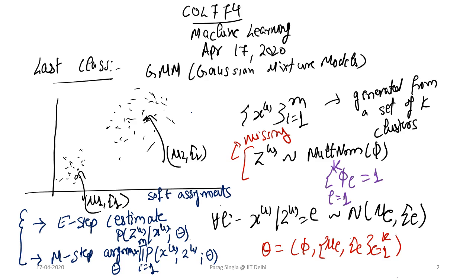Similarly, if we knew what zi's are, then we can estimate theta parameters, and that is again very similar to estimating parameters of GDA, because now we are working with a given cluster assignment, right? And then we iteratively repeat this process. And today's class will essentially generalize this to a more general idea of what we refer to as expectation maximization, or the EM algorithm. Okay.